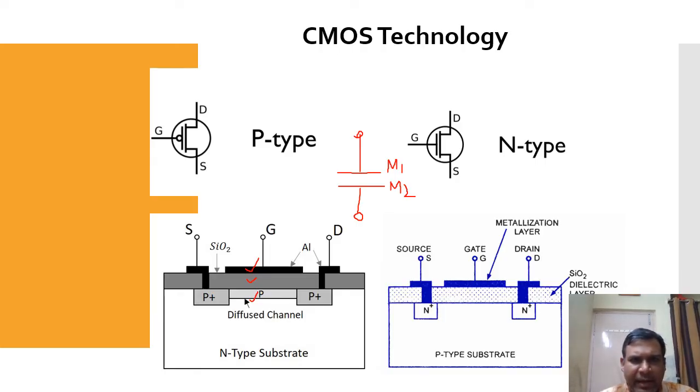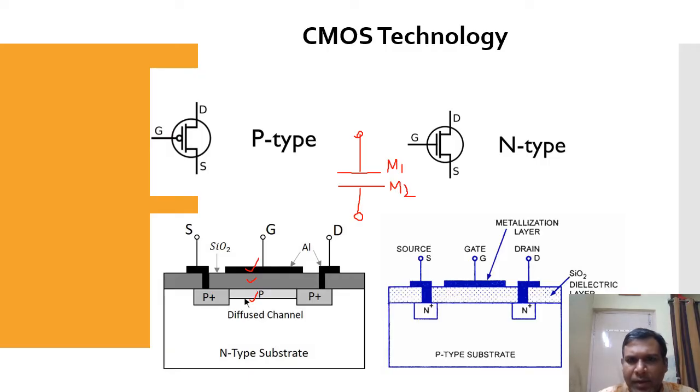In a parallel plate capacitor, one metal terminal is on one side, another metal terminal is on the reverse side, and in between there is a dielectric medium. The MOSFET also looks like a capacitor, but the difference is that on one side is the gate terminal, which is metal, and on the other side is the substrate material, which is semiconducting, and in between there is silicon dioxide, a dielectric medium. That's why it is called metal oxide semiconductor.